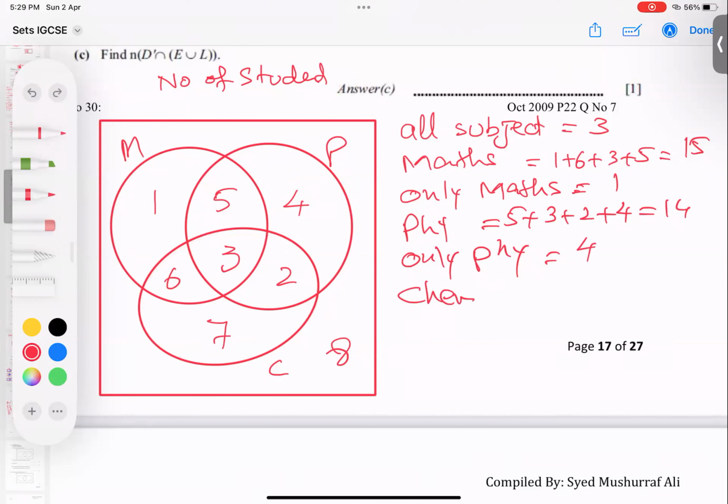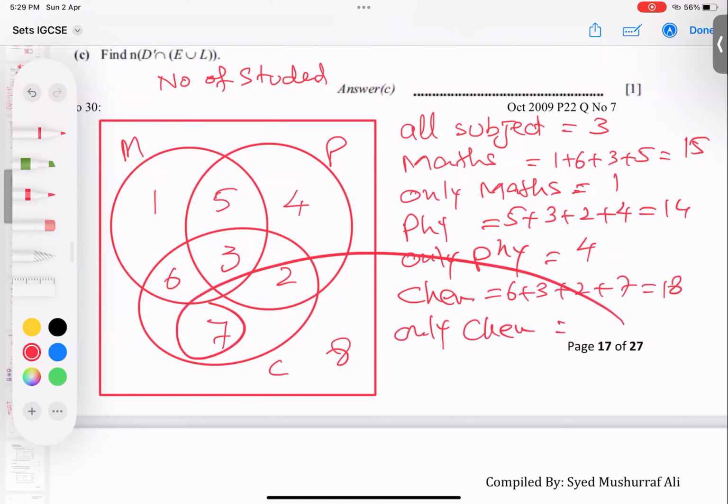So I'm writing 7 plus 2, 9, 9 plus 3, 12, 12 plus 6, 18. If I say only chemistry students, then this 7 is only chemistry. If I say a student does not take a single subject, no subject at all, it means 8.